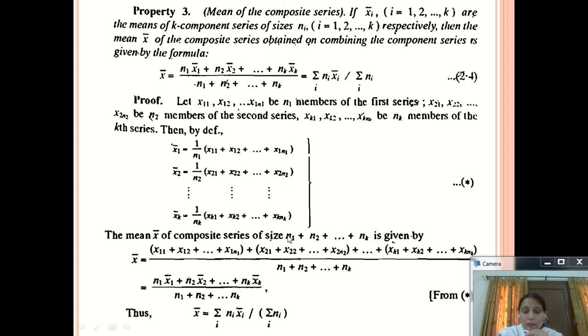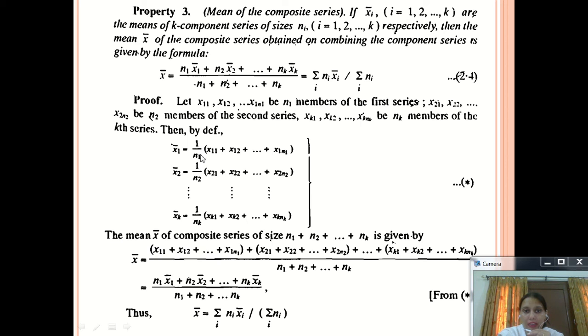Now to find the mean of the combined series, firstly we add the members of the first series, then the members of the second series, then the members of the third series, and so on up to k series. Then what will be the formula of arithmetic mean? The sum of observations divided by the total number of observations, that is n1 plus n2 plus ... plus nk. Clear? And x11 plus x12 plus ... plus x1n1.